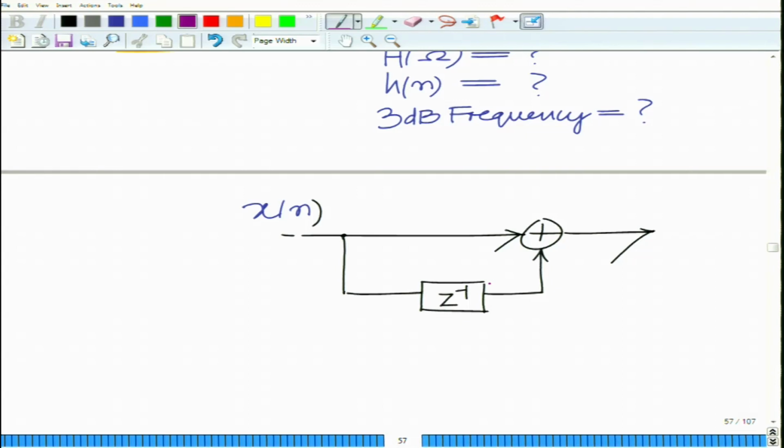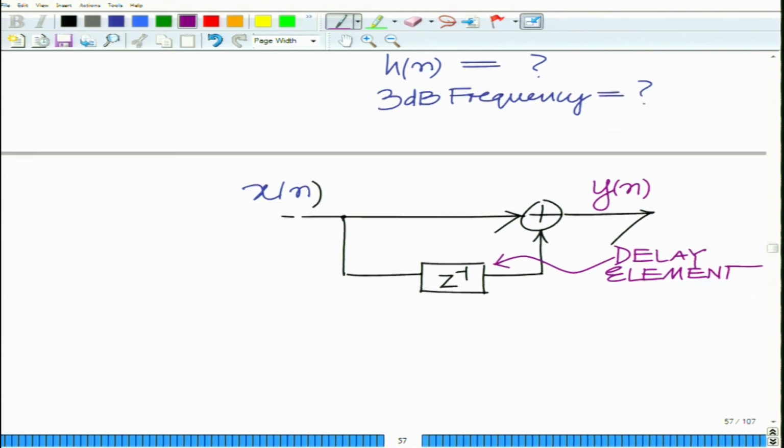So, this is your delay element or delay block, and this is your y of n.